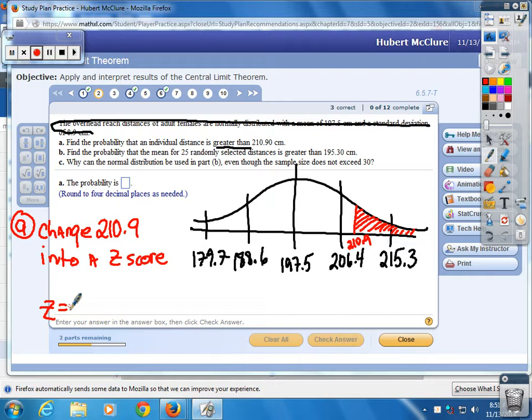210.9 minus 197.5 over 8.9. All right, somebody crank that out. 210.9 minus 197.5 divided by 8.9, and it comes out to what? 1.5 sounds better.